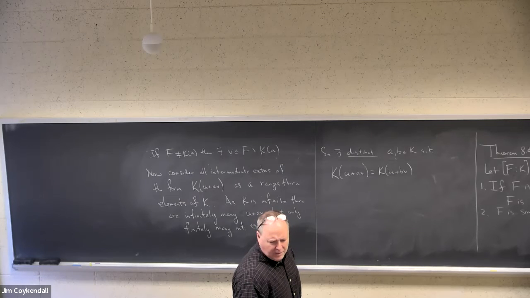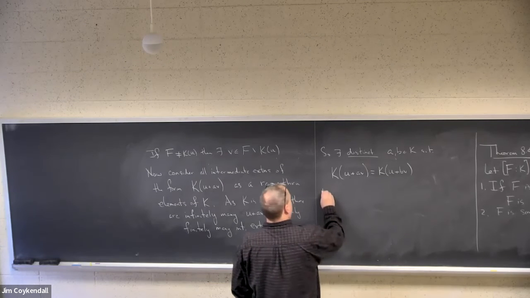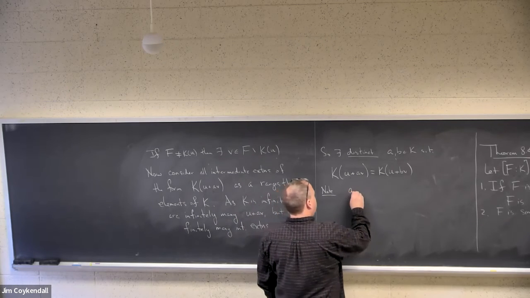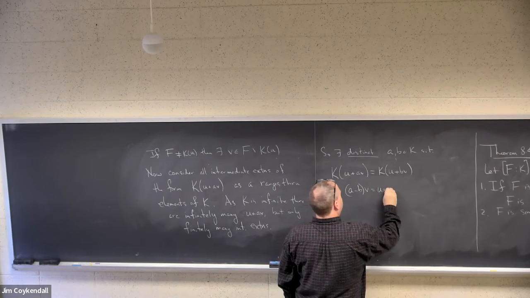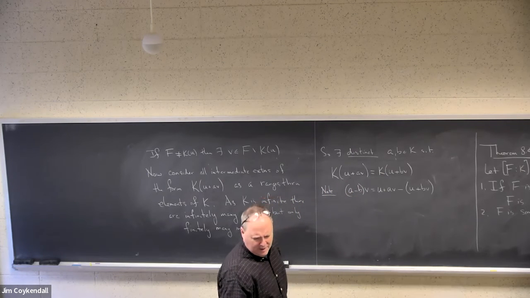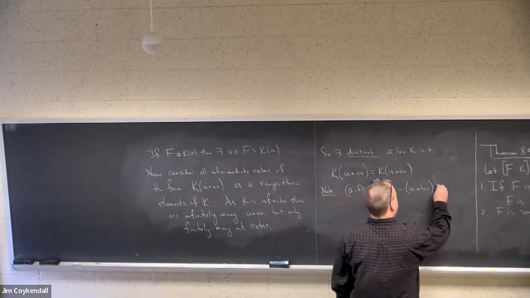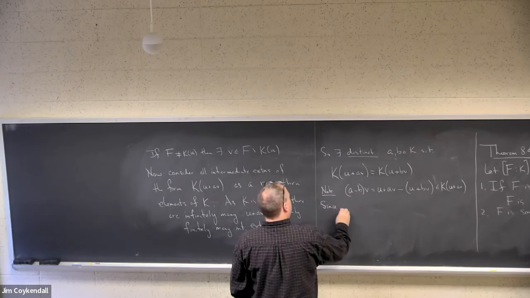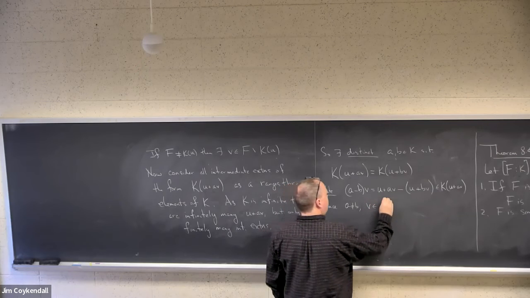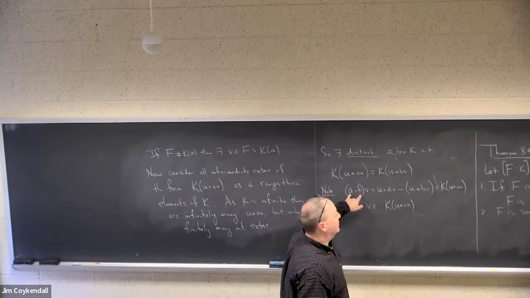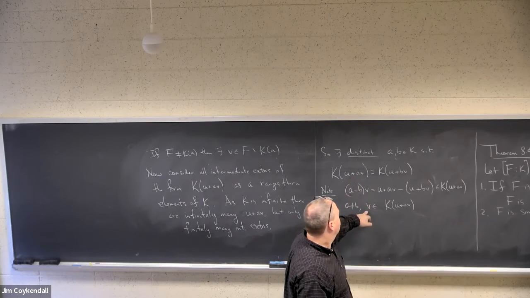So what does this mean? So let's do a little computation here. So notice that (a minus b)v is (u plus av) minus (u plus bv), which is in K(u plus av). And since a is not equal to b, a minus b is a non-zero element of K, so it's invertible, and so v is in here.